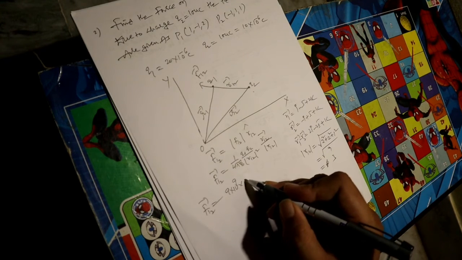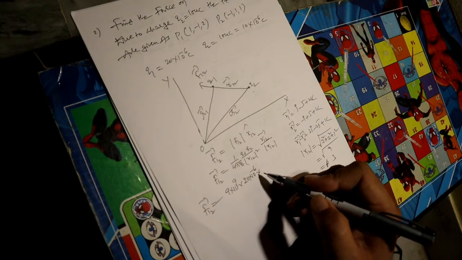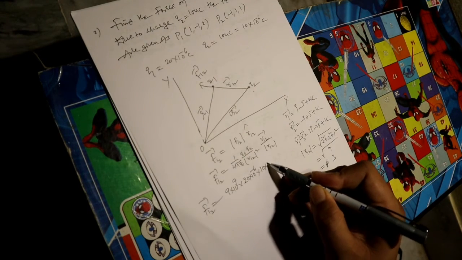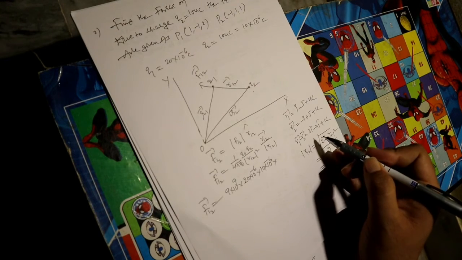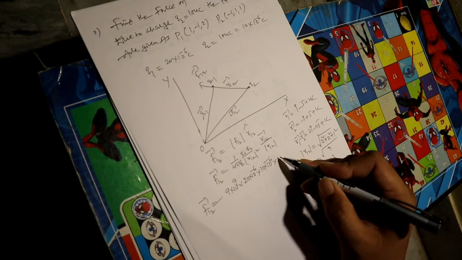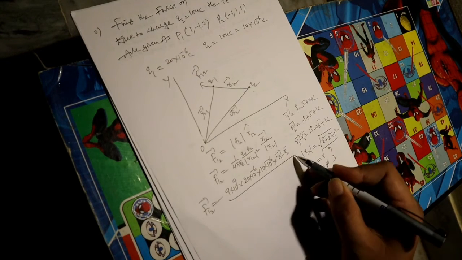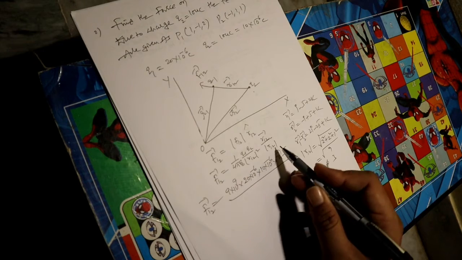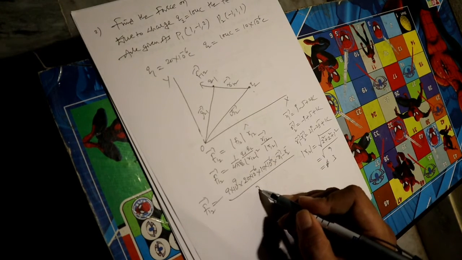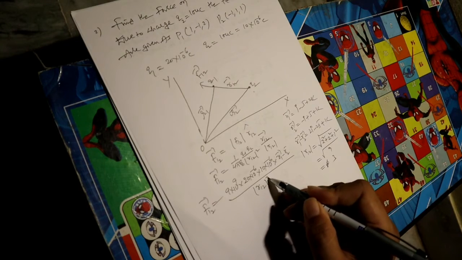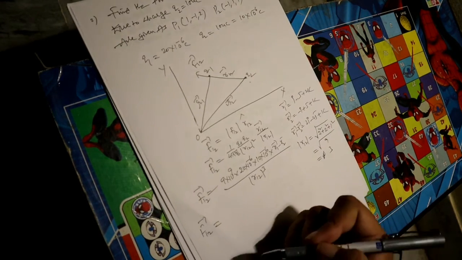Q1 means 20 into 10 to the power of minus 6. Q2 means 10 into 10 to the power of minus 6. R12 bar means R1 bar minus R2 bar, divided by R12 square into R12, that means R12 whole cube.